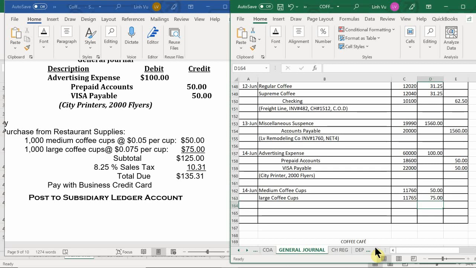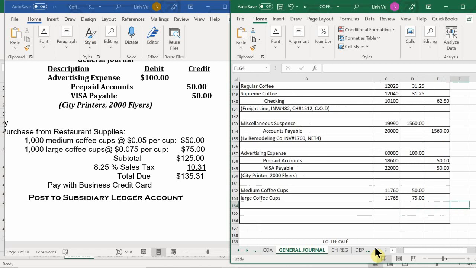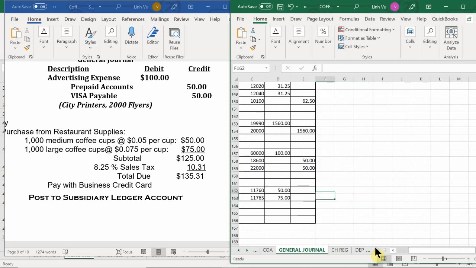We have to add the sales tax. On the side, if the sales tax for the medium cups was on $50 and the tax on the large cups was on $75, how much tax am I going to be charging for the medium cups, and how much for the large cups?